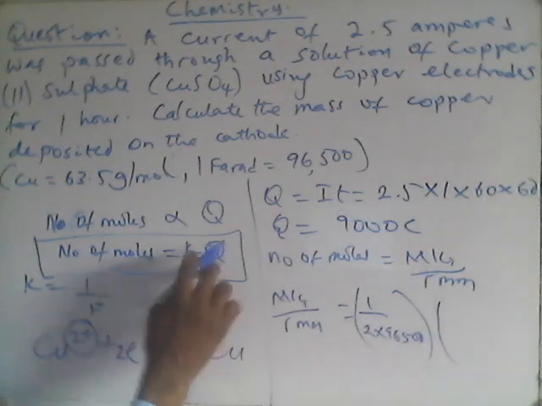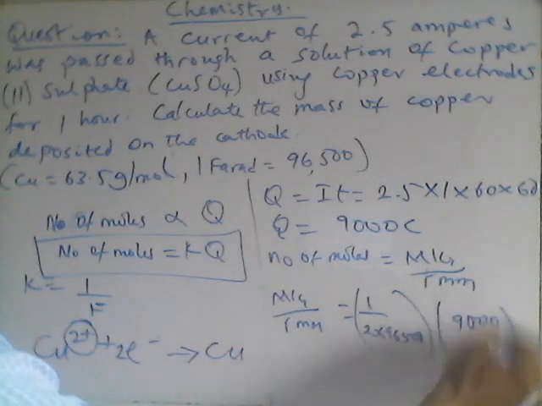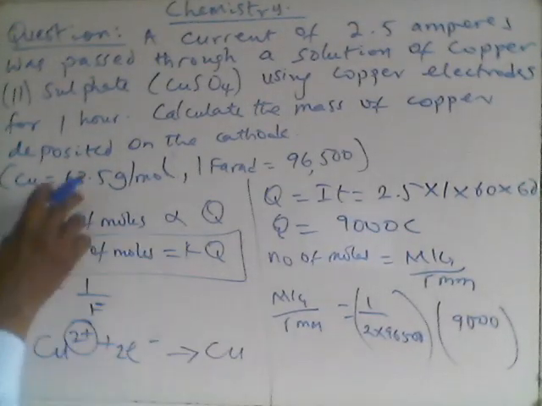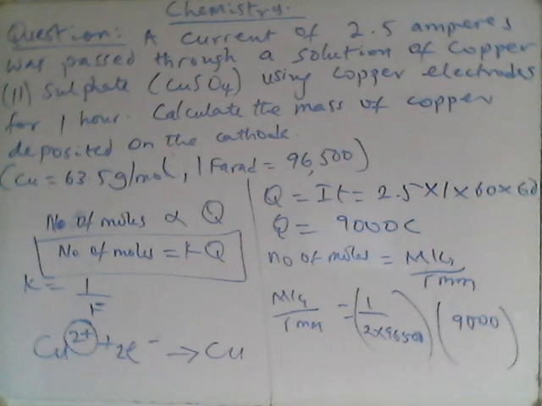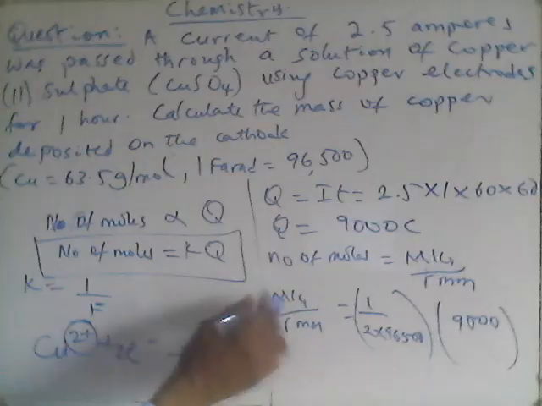And for Q, I have 9,000. RMM is given as 63.5. So what I will do is make the mass in gram the subject of the formula.